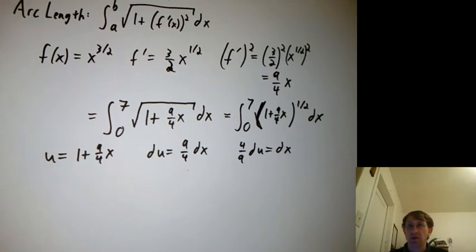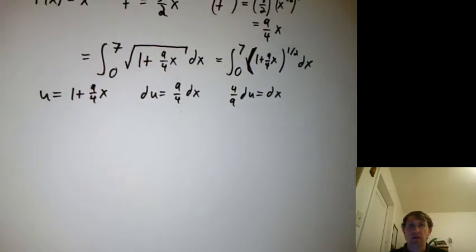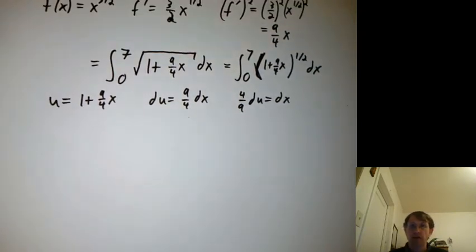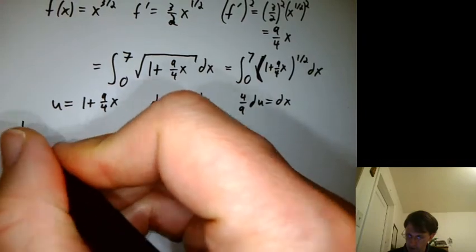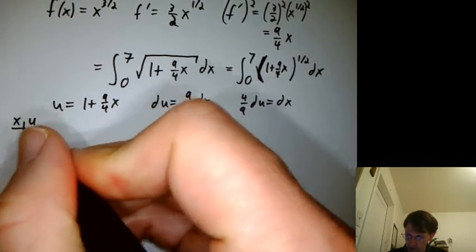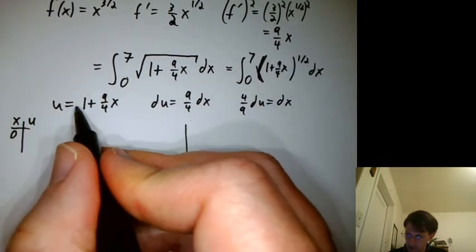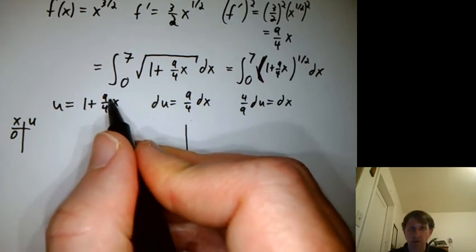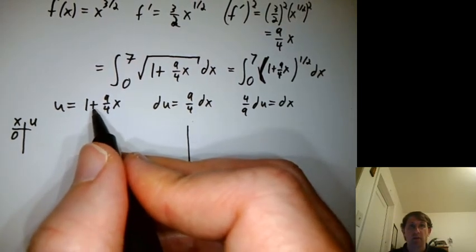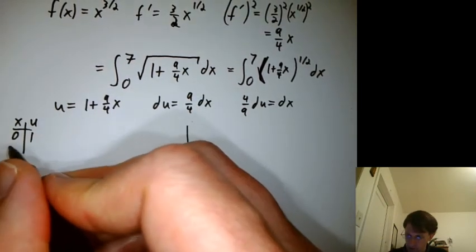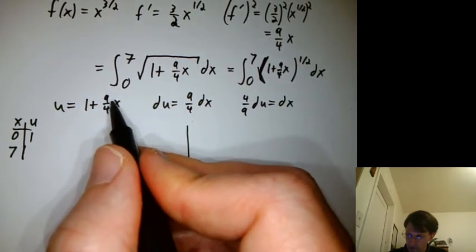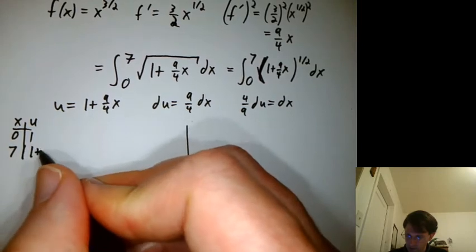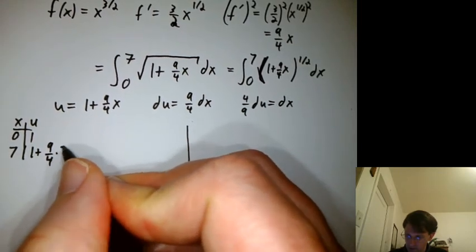And now there'd be 2 ways to solve it. We could translate all the start and end points to u values. So let's try that over on this side of the paper. I'll make a little table of x and u. When x is 0, u is 0 times 9/4 plus 1, so you get 1. When x is 7, you get 7 times 9/4 plus 1, whatever lovely number that is.